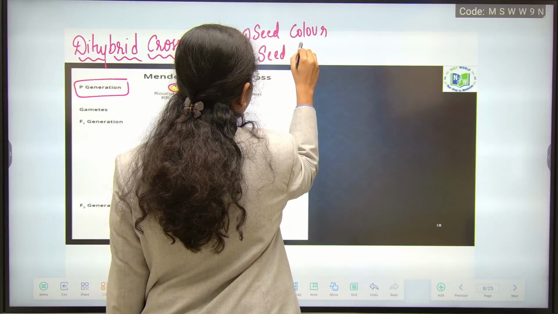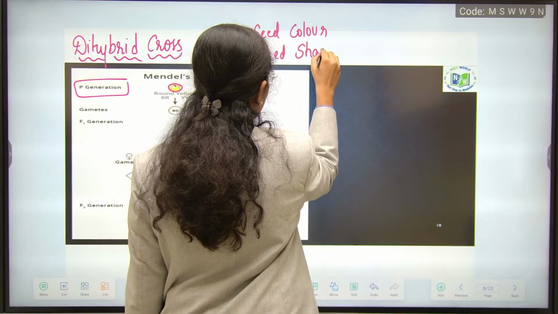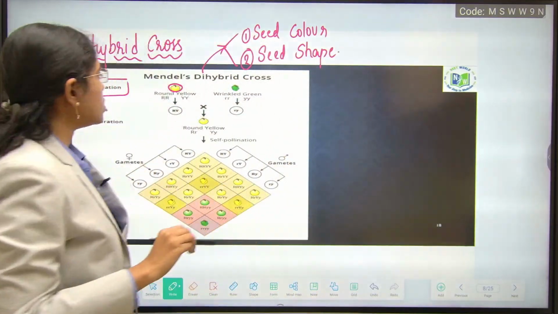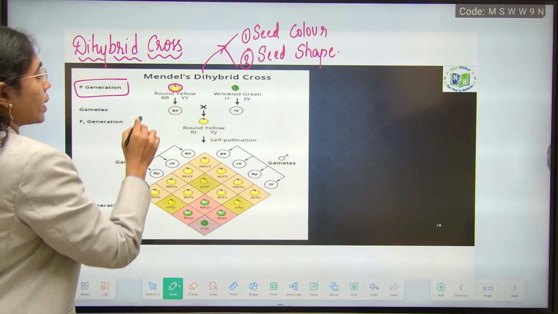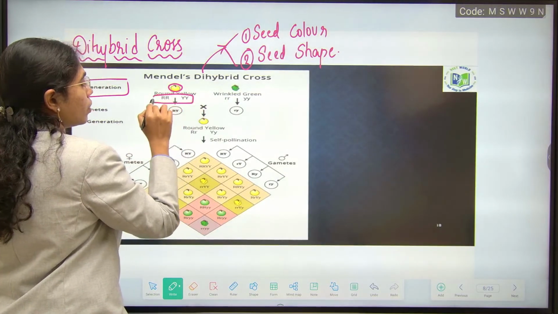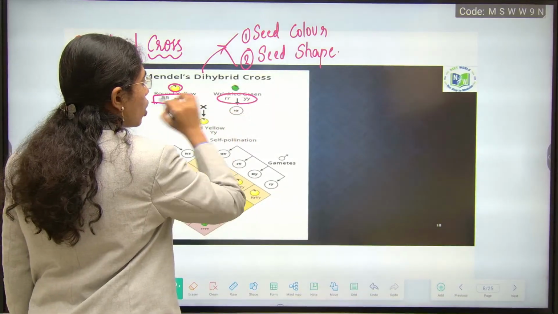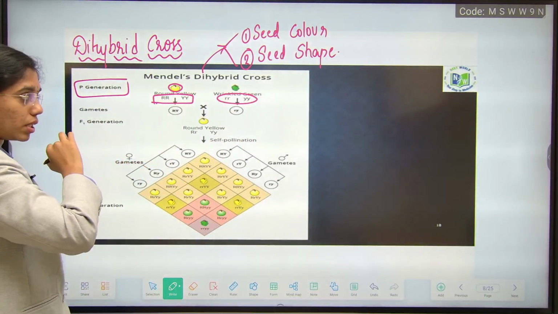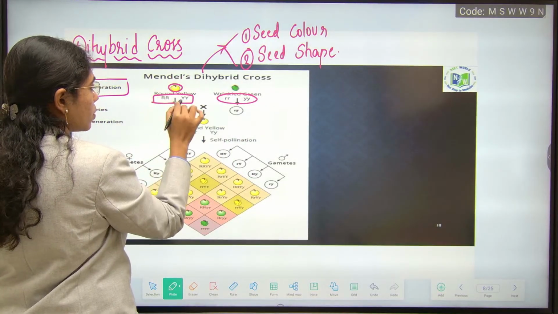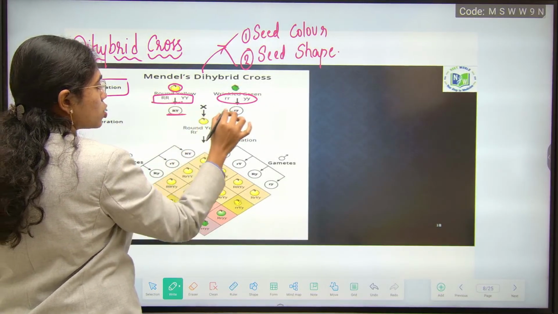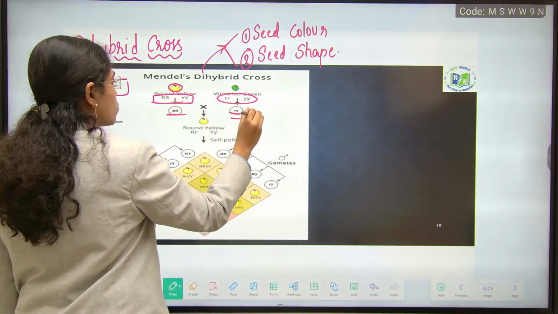In the parental generation, of course, true breeding lines are taken where capital R capital Y and small r small y are considered, and here how many gametes are formed? Two gametes, where capital R Y is one gamete, small r y is one gamete.